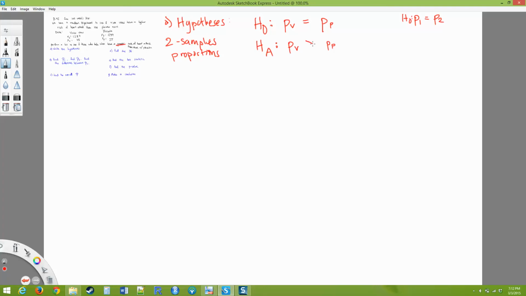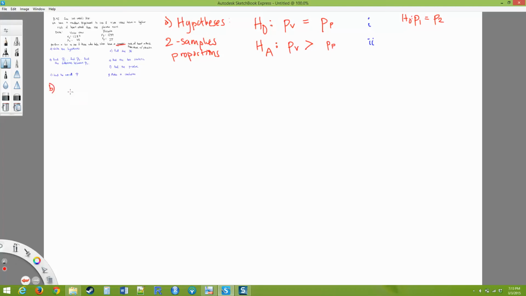So what we are asking is, is P of Vioxx, those who have heart attacks for Vioxx, greater than the rate of heart attacks for placebo users? So this is going to be our hypotheses. Okay. And you'll notice that these statements here align with statement I in the textbook, and this one aligns with statement II, or statement 2. Okay. Is that okay with everyone?